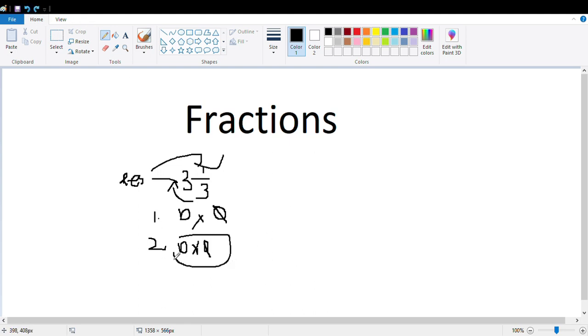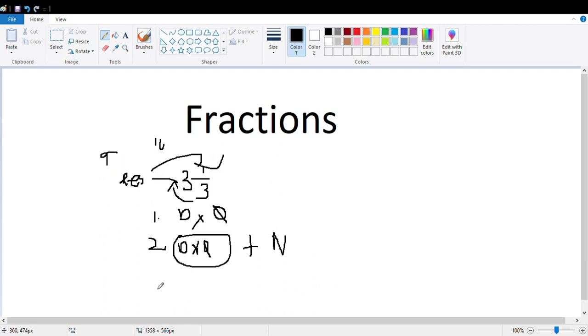So you take the denominator and the quotient and you multiply, then you add the numerator to the result. So 3 into 3 becomes 9, and 9 plus 1 becomes 10.